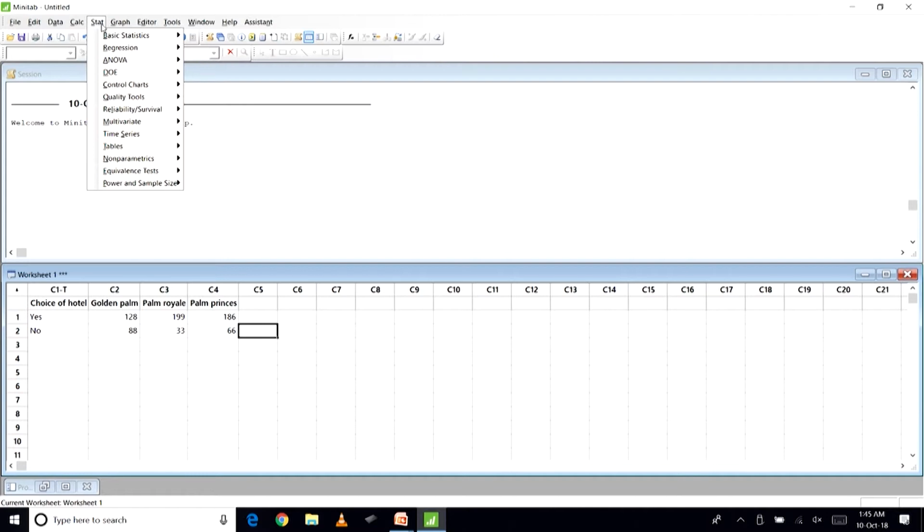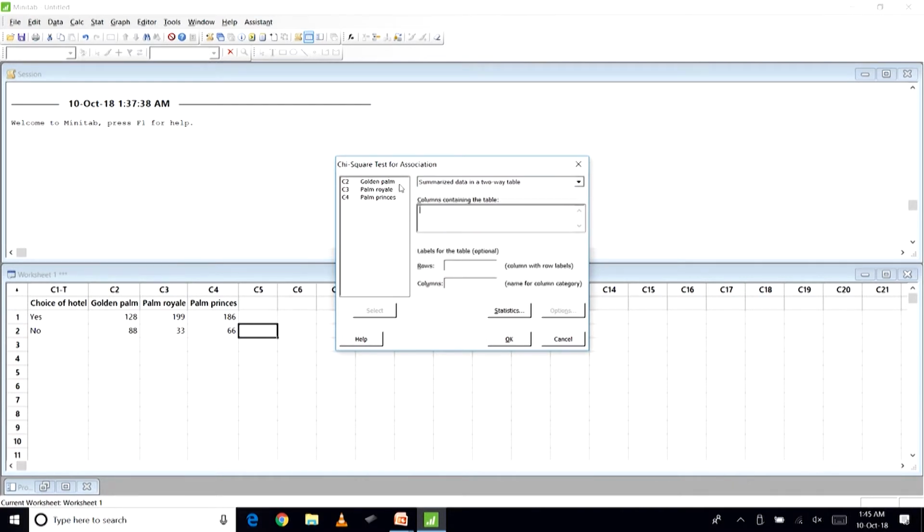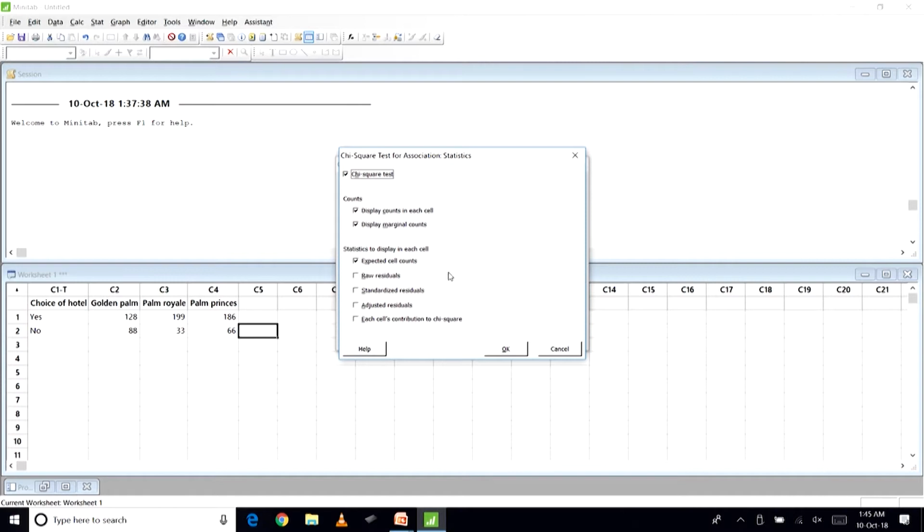So, just go to Stat, Tables, Chi-square test of association. In fact, you can apply this. Select all these three statistics.